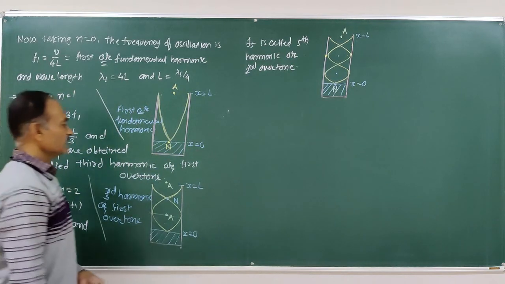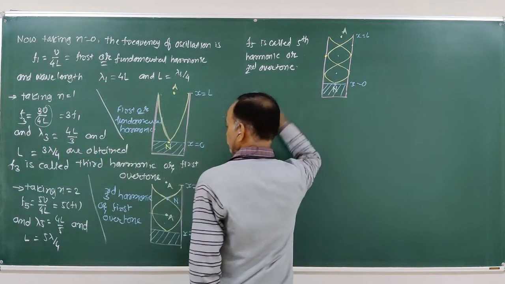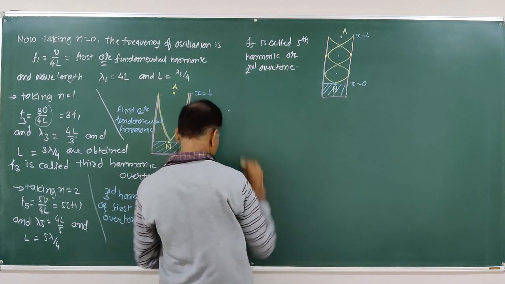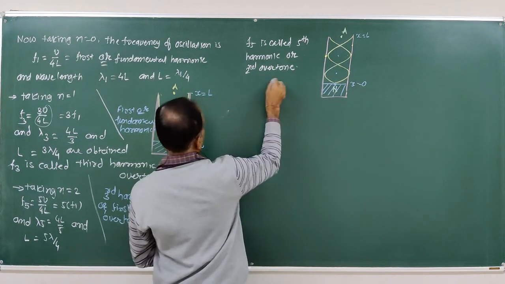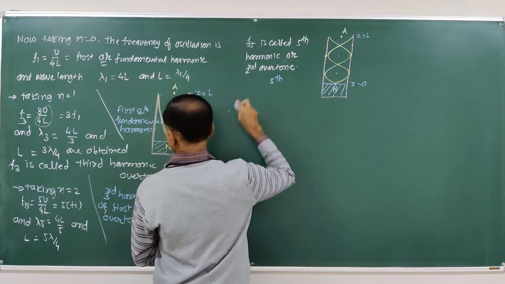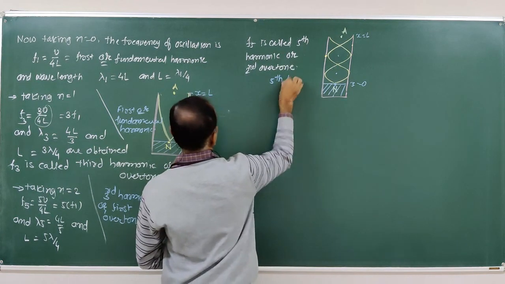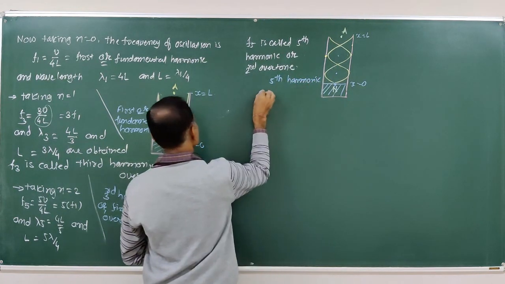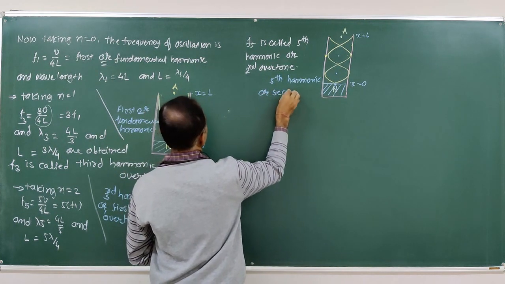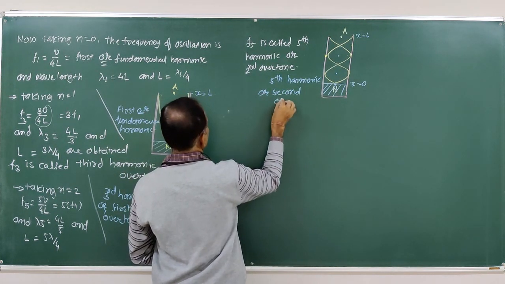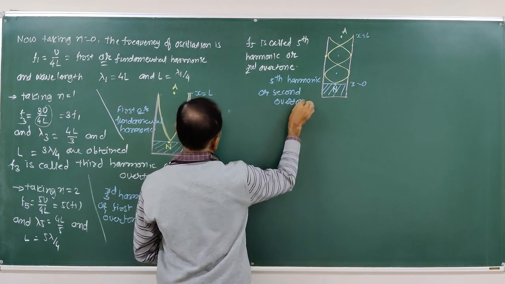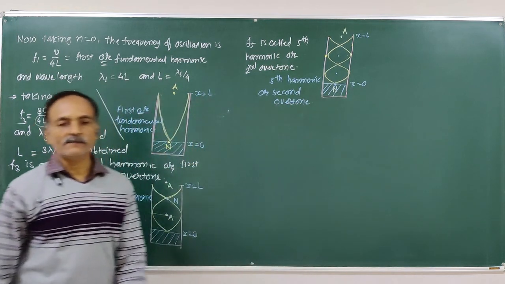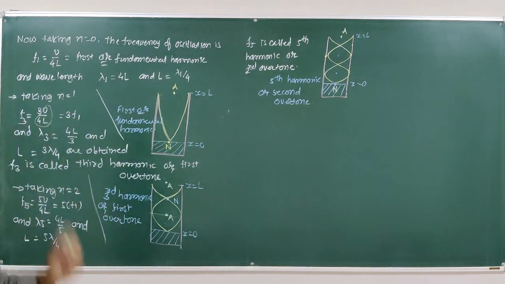So that is known as the fifth harmonic or second overtone. Thus, in a closed pipe, only the odd harmonics are possible.